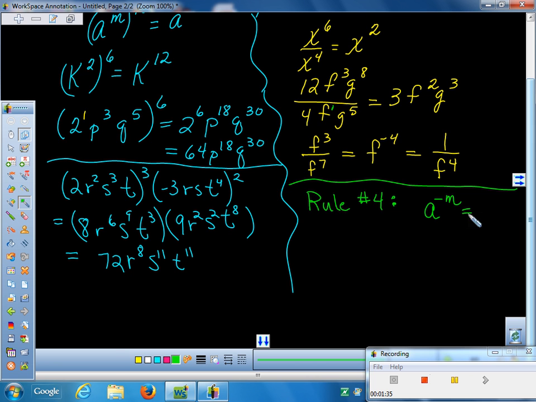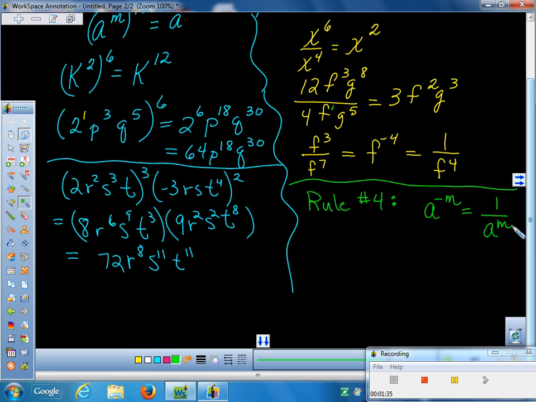If you see a negative exponent, it means move it to the opposite side of the fraction. So if it's on the top of the fraction, you drop it to the bottom and make it 1 over a to the m, a positive power. It's kind of like an inverse. That's the actual rule.